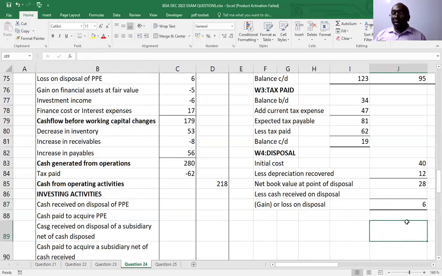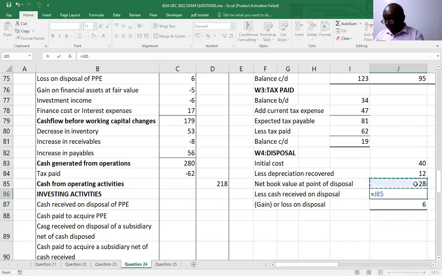So if there was a loss of 6, it means we received less cash than the net book value. And that will be given as equals to this 28 minus this 6.